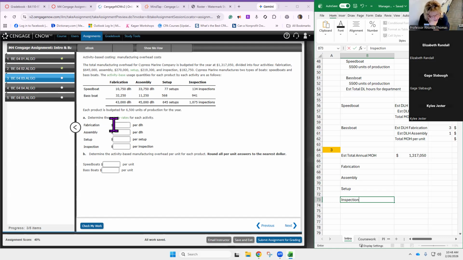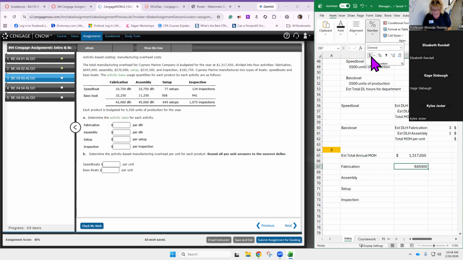And we need an amount per direct labor hour. Okay. So if you take, these are the hours. So of 6,500 units, we need the dollar value. So fabrication gets, what is it here? 645,000 in overhead. So this is a dollar value. Let's put those in for the rest of these.